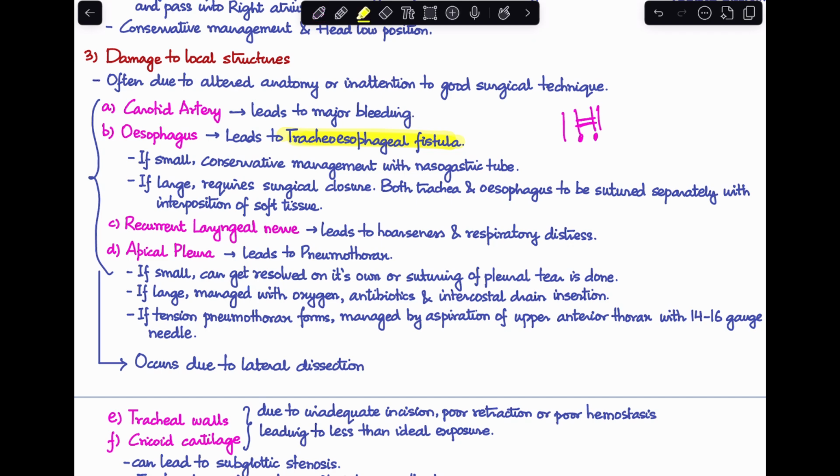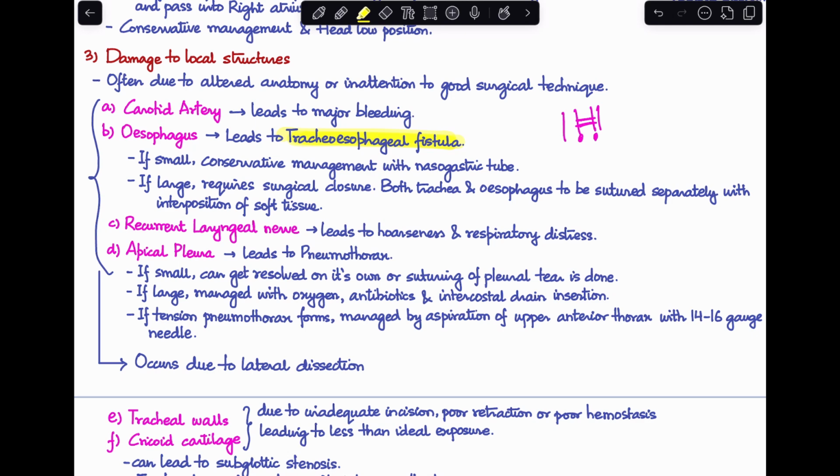Now, if this fistula is very small, we can do conservative management with a nasogastric tube, but if it is a large one, this will require surgical closure. We have to suture both the trachea as well as the esophagus separately and with an interposition of soft tissue in between them. So that's about damage to the esophagus leading to tracheoesophageal fistula.